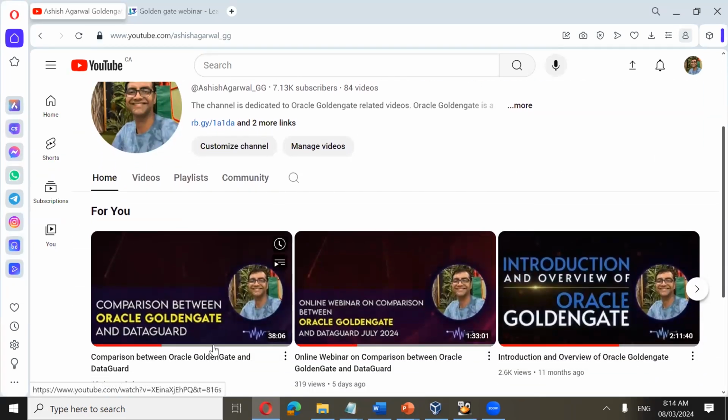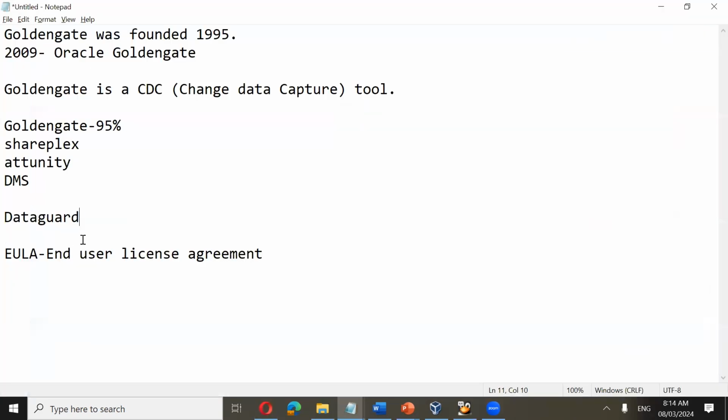You can go through it, a comparison between Oracle Goldengate and DataGuard. But just to give you an overview, you can compare apple to apple or orange to orange, but you cannot compare apple and orange. Same thing applies to Goldengate and DataGuard. If Goldengate is apple, DataGuard is orange. I'm not putting one above the other, but you cannot compare both of them because the role they fulfill is completely different.